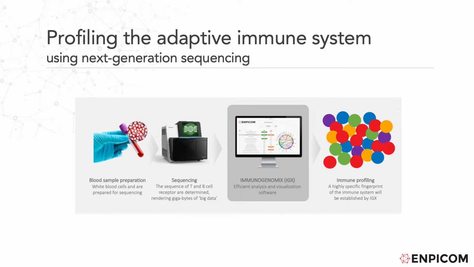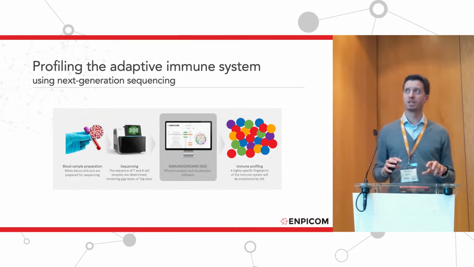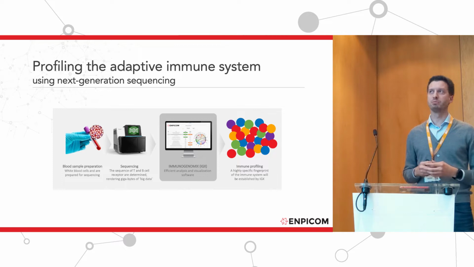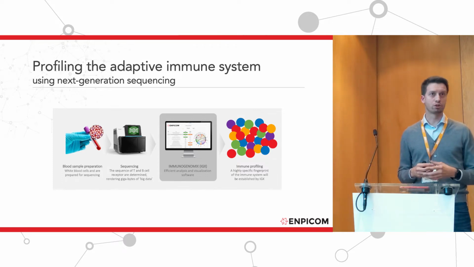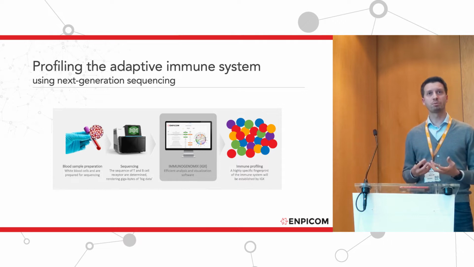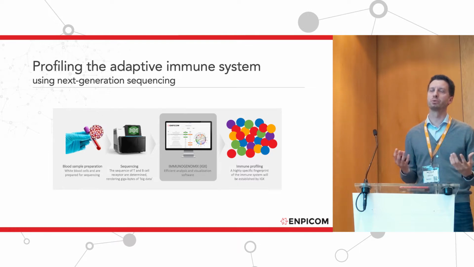Repertoire sequencing is a technology that allows us to use next-generation sequencing to profile the adaptive immune system. How does it work? On a very high level, you start with a biological specimen that could be blood, culture cells, or tissue. You prepare the samples, with specific preparations, and we target specific amplicons in these samples.